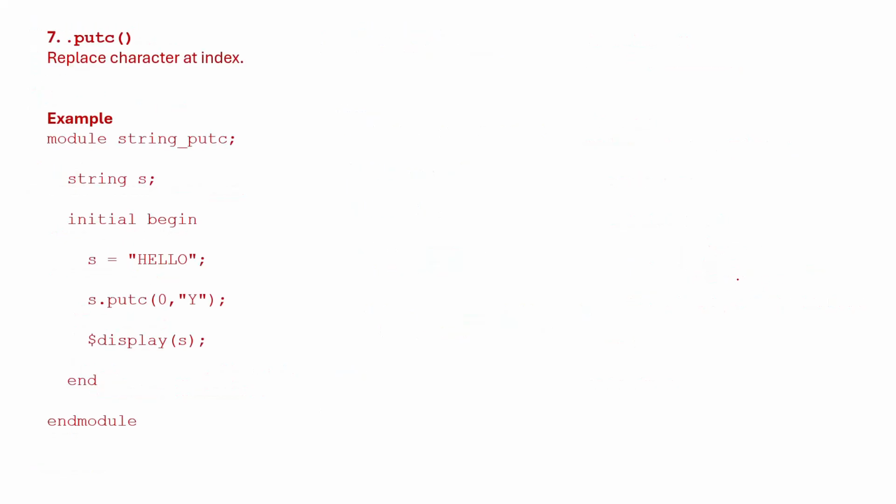Okay, and put character. If you want to replace some character, that is also possible. Replace the character at the index. Whichever index you want to replace, you can mention that. So string.putc(0,'y') means at the 0th index I want to put y here.